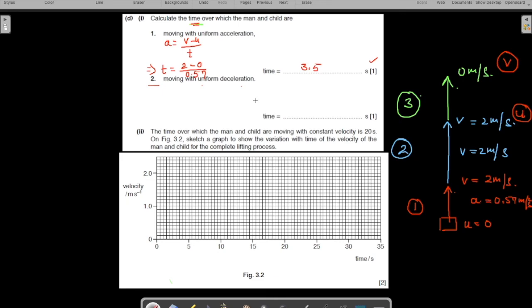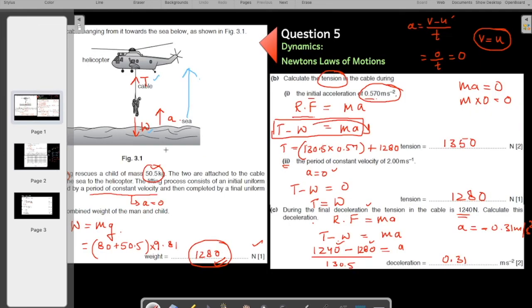Let us put everything in the formula. Acceleration is (v minus u) over t. So t is 0 minus u, initially it was 2, over the acceleration value, which was a deceleration actually.